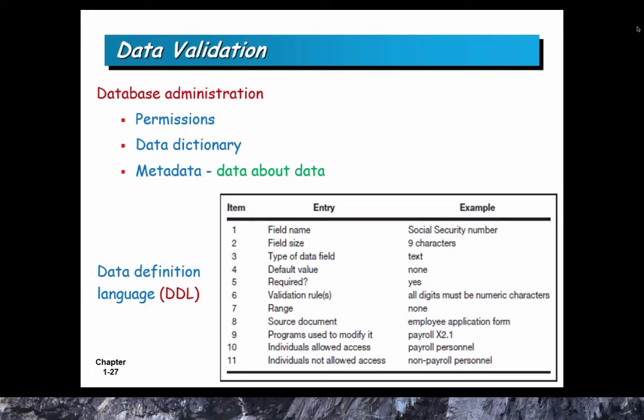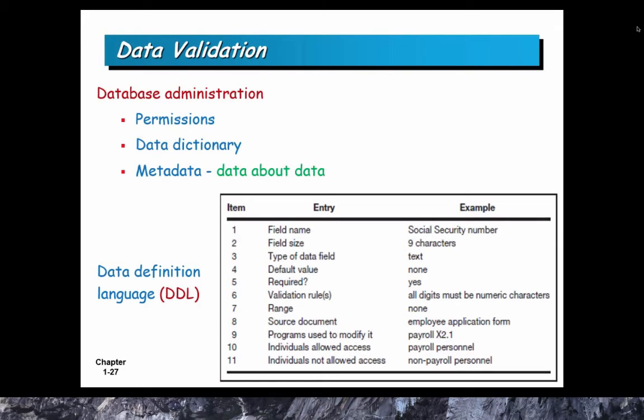There's something called a data dictionary, that for every field or every attribute gives you information about that attribute. That's called metadata, which is data about data. Sounds kind of like double talk.